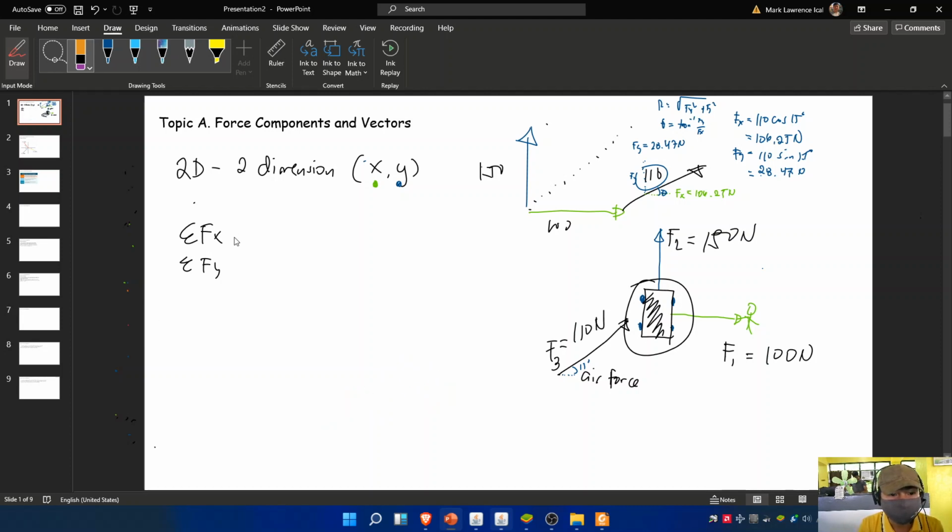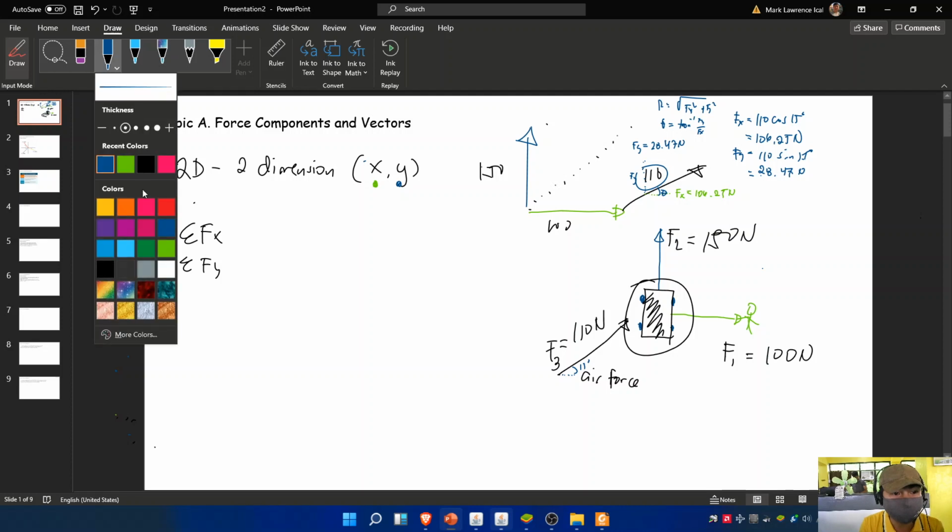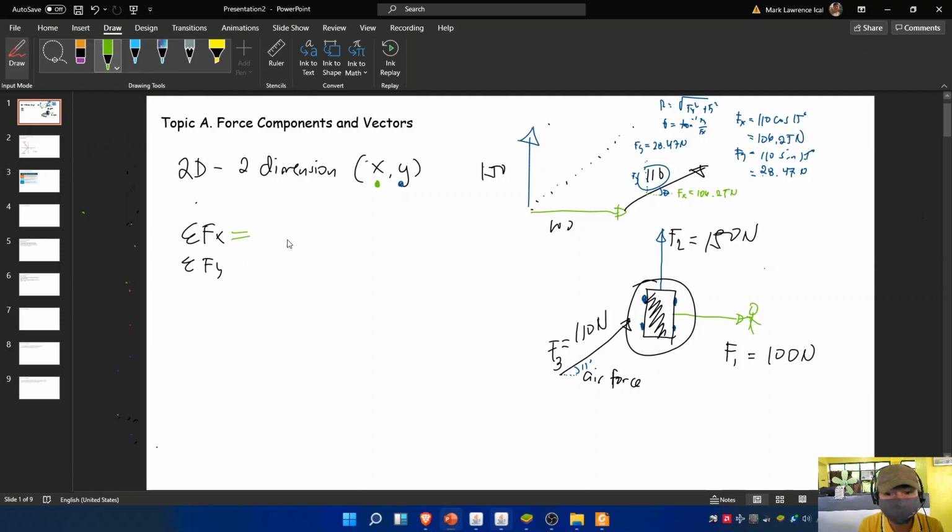Now, going back here, lahat ng f of x natin ano? Actually, this is also f of x. 110, right? So, this is also f of x. So, we have 100 plus 106.25. And the question is, does this have a x component? No. So, 0 yan. Bakit?